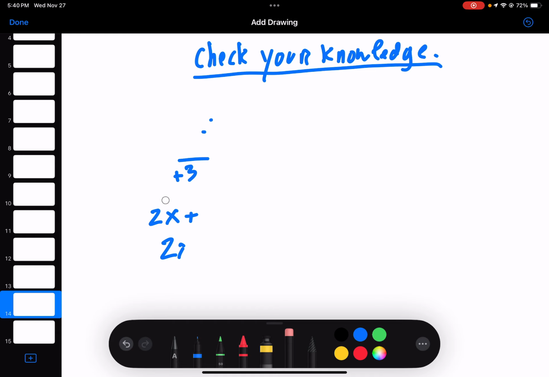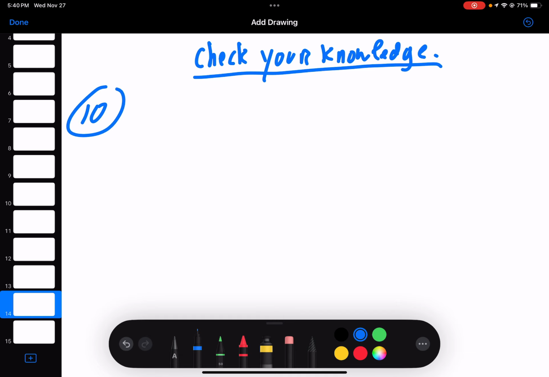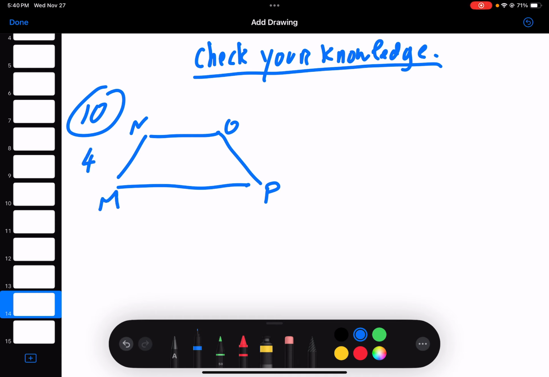All right, so question 10. Let's look at the figure here. We have N O P M, and NM is 4 cm. The top is 4 cm. The right side is 5 cm, and the bottom side is 7 cm.